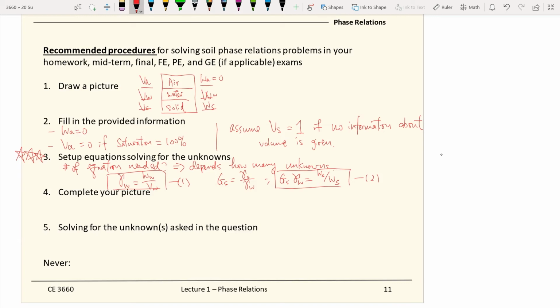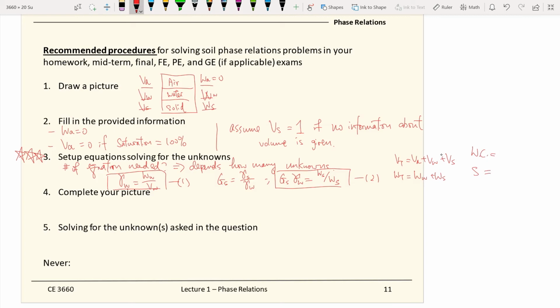Also some simple equations like the total volume is equal to the volume of air plus volume of water plus volume of solid, and the total weight is equal to the weight of water plus weight of solid. Also equations or definitions such as the water content and the saturation could be helpful too.